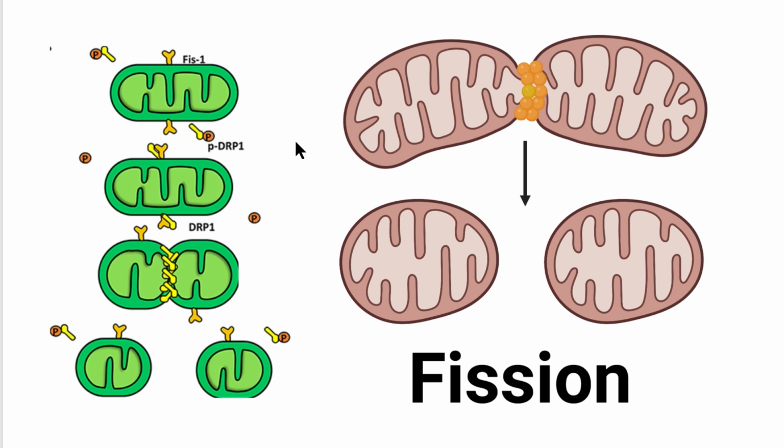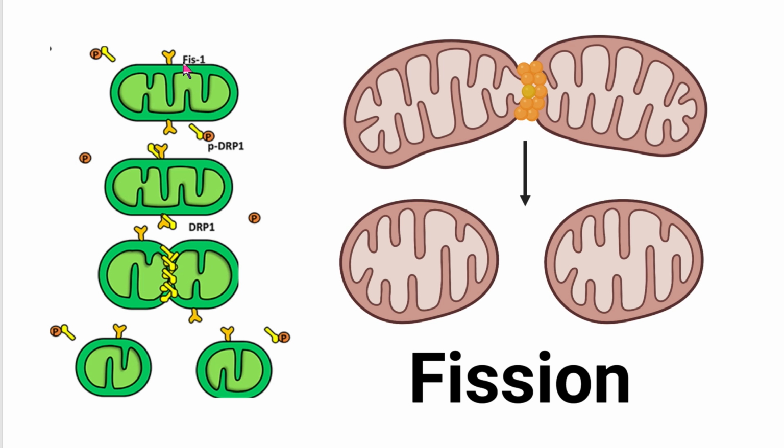Now here we've got a series of different proteins that are actually involved in this process. The main one is DRP1. So dynamin-related protein is the main protein that we're focused on.